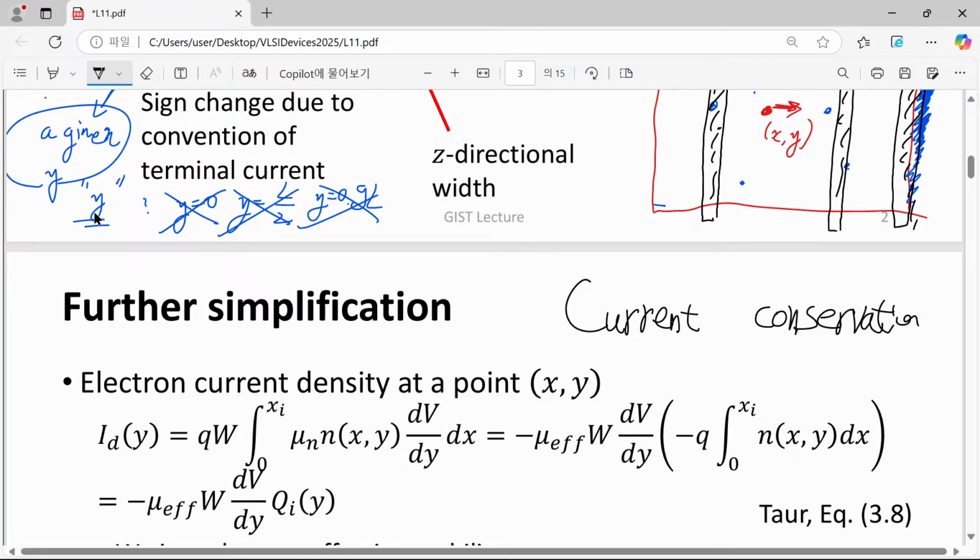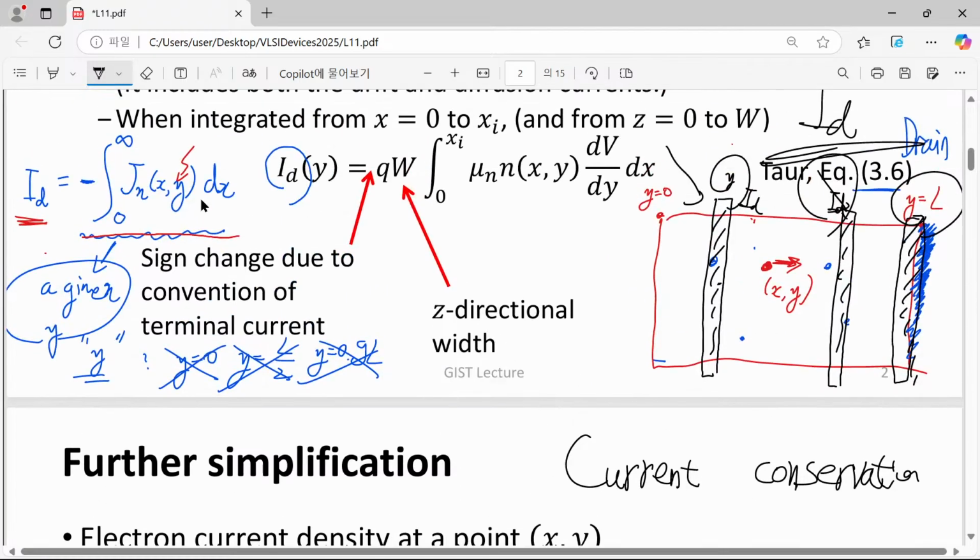If we say this integration value can be different from that integration value, and that can also differ from the other one, that allows electrons to be entering a certain position and the flux is not conserved at all. So after time elapsed, the number of electrons is increasing or decreasing.